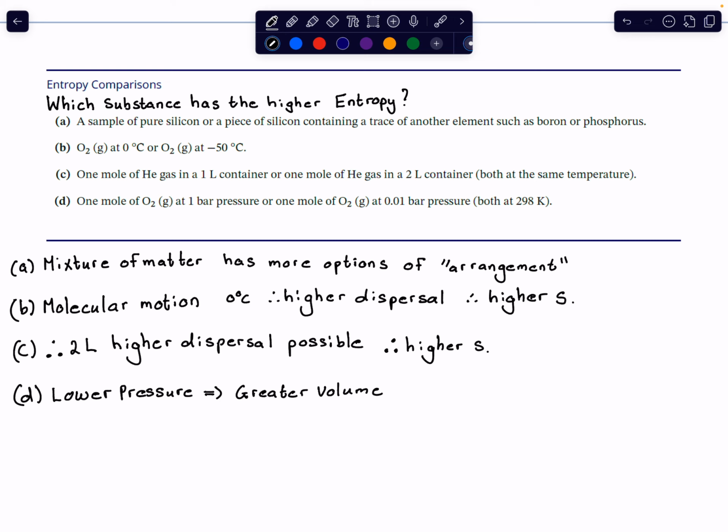Because the lower pressure is a greater volume, the gas at the lower pressure will have the higher dispersal, and therefore it will have the higher entropy.